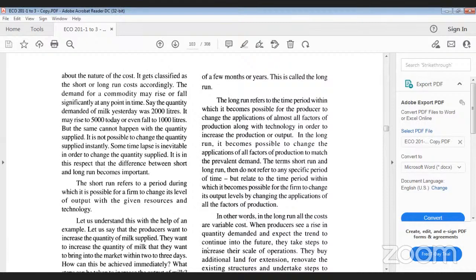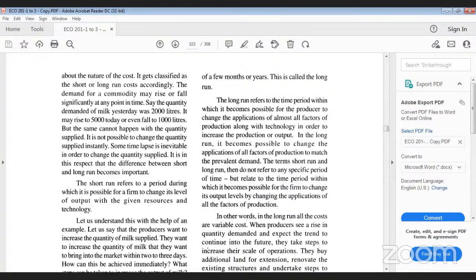Say the quantity demanded of milk yesterday was 2,000 liters. It may rise to 5,000 today, or even fall to 1,000 liters. But the same cannot happen with the quantity supplied. It is not possible to change the quantity supplied instantly; sometimes it lasts.